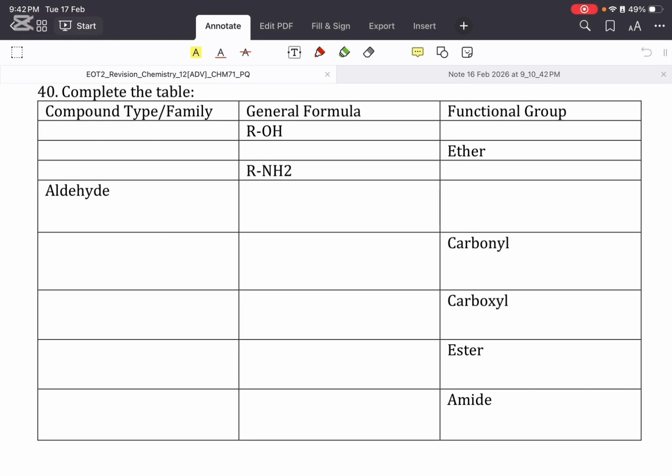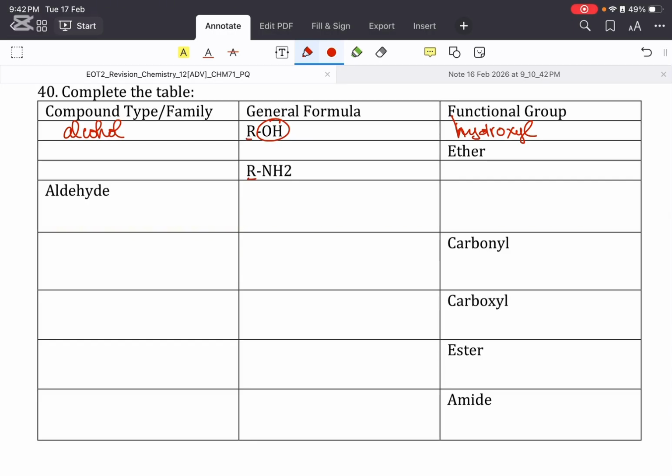Let's start with this one. OH: whenever you see OH, that's a hydroxyl functional group. Now this hydroxyl, whenever I see it, it means I have an alcohol.